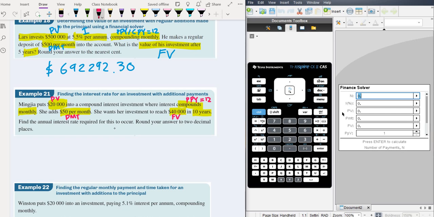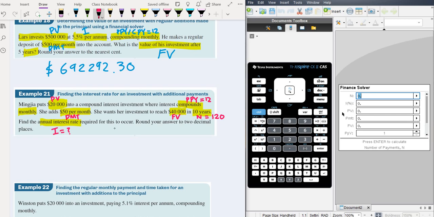And we know this has to happen in 10 years. Because it's happening every month, in 10 years, our number of payments is going to be 120. So that's 12 times 10. And here we're asked to find the annual interest rate. So we're actually looking for I this time.